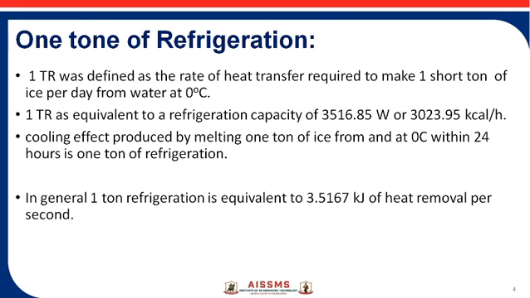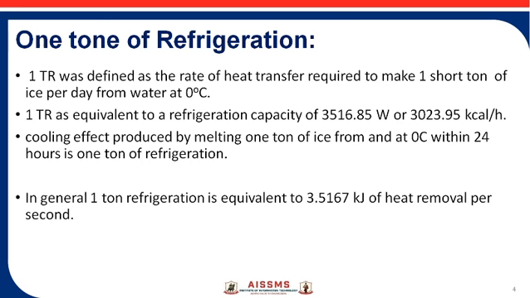So 1 TR is equivalent to a refrigeration capacity of 3516.85 watt. That means the cooling effect produced by melting 1 ton of ice from and at 0 degrees Celsius within 24 hours is 1 ton of refrigeration.